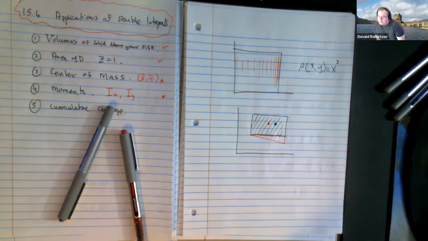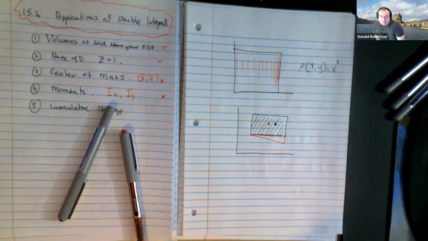Now, centers of mass are very important things to know in construction, amongst other things. If you're building a bridge, don't you want the center of mass to be in the center of the bridge, in the center of the road? Because that's the most stable place that you could have it.